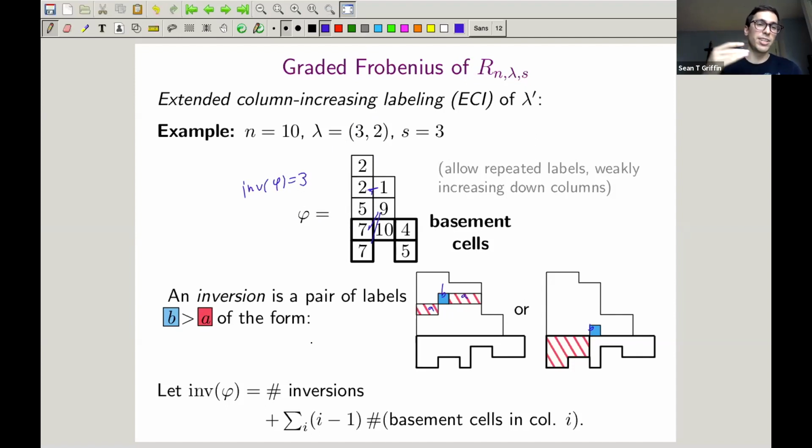And in order to get the right count, we'll also tack on for each basement cell in column i, we'll count that as i minus 1. So for example, this 10 counts for 1 because it's in the second column. And the 4 and the 5 each count for 2. So in this example, the total number of inversions is 3 plus 5, which is 8.